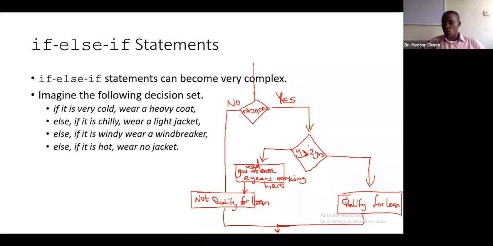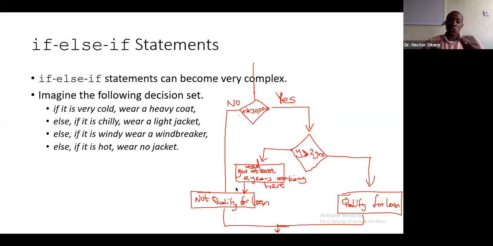But before this executes, you have another if statement because this is another condition. If Y is greater than 2 years, then qualify for loan. Else, need at least 2 years working here. Else, not qualify for loan.